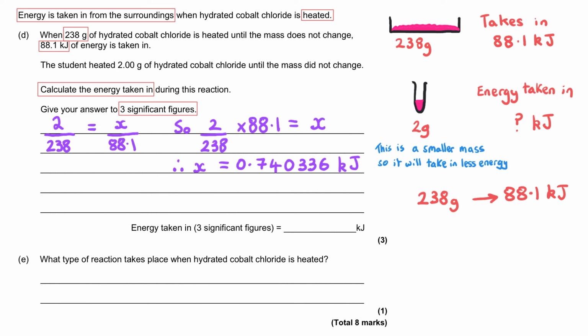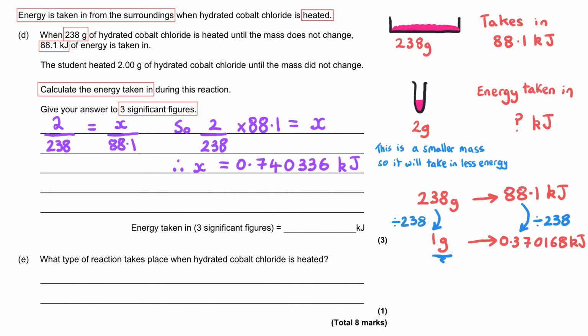Alternatively, if you're not comfortable with fractions, what you can do is work out how much energy is taken in per gram of hydrated cobalt chloride. To do that, you would take 238 and divide it by 238, and that would of course be 1. And then if you take 88.1 and divide that by 238, we get 0.370168 kilojoules. And so that's how many kilojoules are taken in per gram of the hydrated cobalt chloride.